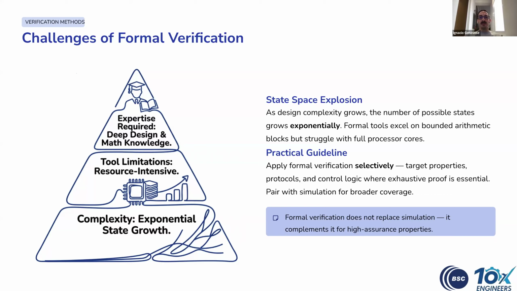Formal tools excel on bounded arithmetic blocks, but struggle with full processor cores, for example. So we need to apply formal selectively. We need to target properties, protocols, control logic, where exhaustive proof is essential. And we need to pair this with simulation for broader coverage. Again, these tools don't replace simulation, but complement it for high assurance properties.